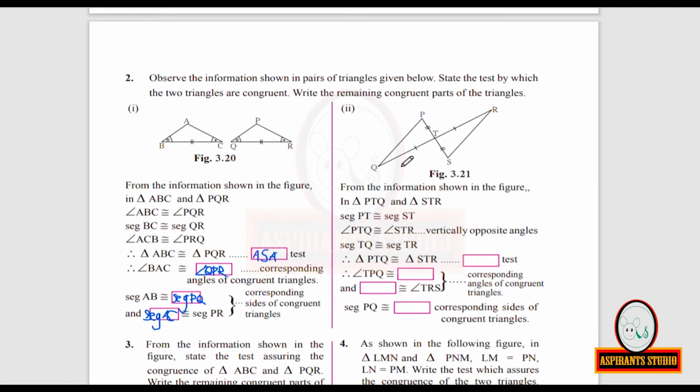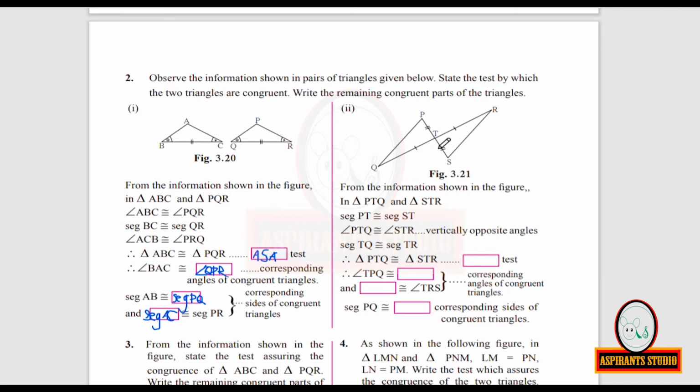See, if you cut this triangle and place it over the second triangle, the vertex P will fit over vertex S because these two are given to be congruent. PT is congruent to TS and QT is congruent to TR.